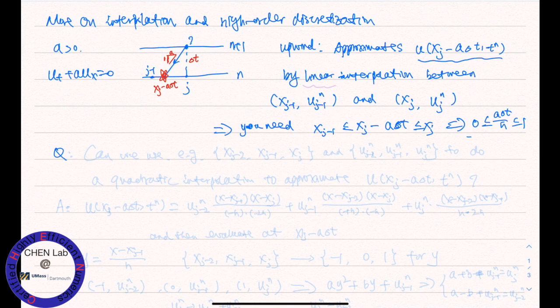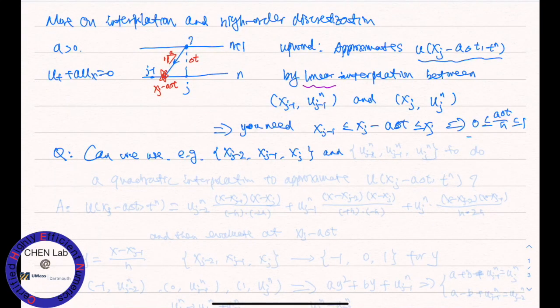So the question that we ask ourselves is, it is an interpolation, right? So it is a linear interpolation. The question is, can we do better? Can we use, for example, a grid xj minus 2, xj minus 1, xj?